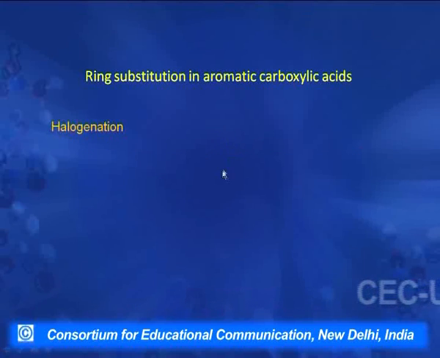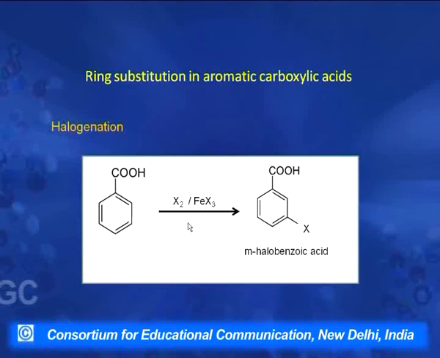And similarly for halogenation, when we carry out the halogenation in presence of some iron halide, meta-halobenzoic acid is obtained. So these are different reactions which are shown by the carboxylic acids.